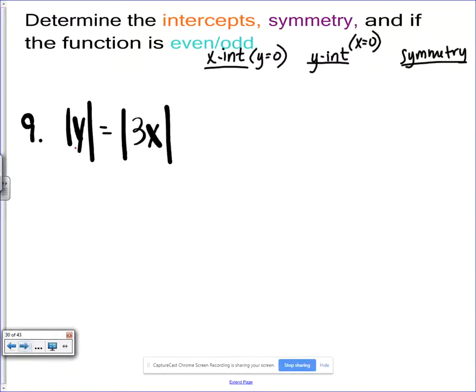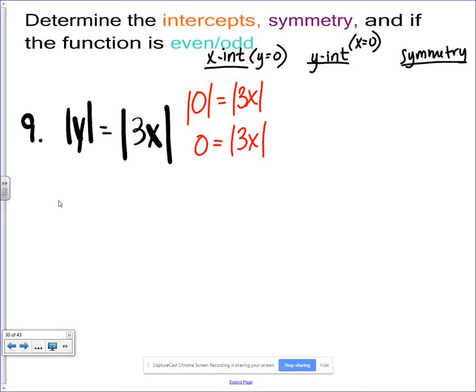The last one here for us. We got a double absolute value. X-intercept. If the y is 0, it looks like that. Absolute value of 0 is just 0. So, what would x be to make that be 0?